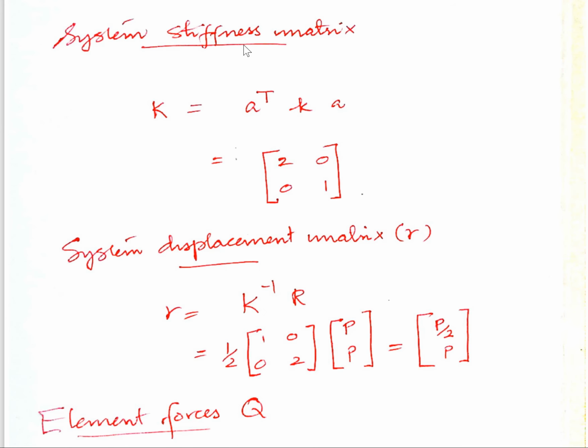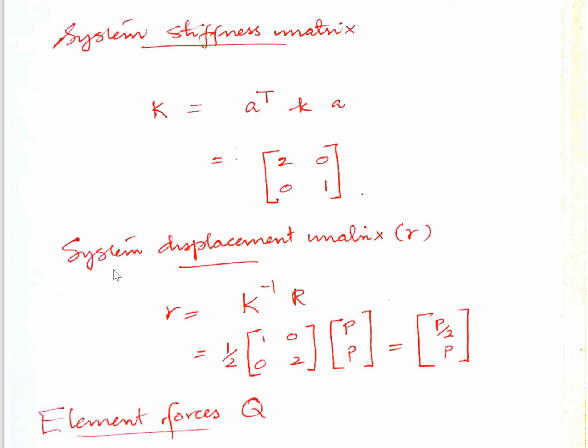Next is system stiffness matrix. K, capital K is equal to A transpose into small k into A. It is obtained as shown 2001. നമുക്കറിയാം here small k is element stiffness matrix and small a is displacement transformation matrix.